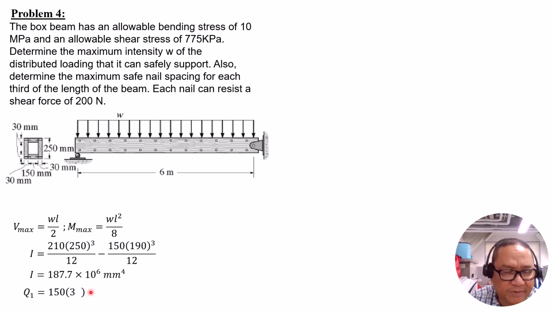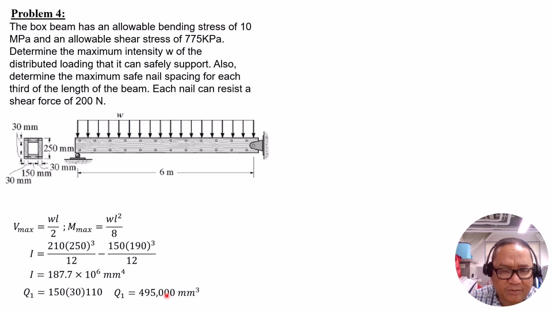So Q1 is 150 times 30 times 110, and that is equal to 495,000 mm cubed. For the maximum Q, we add the contribution of half of the side section, which is 2 times 30 by 125, and half of 125 is 62.5.